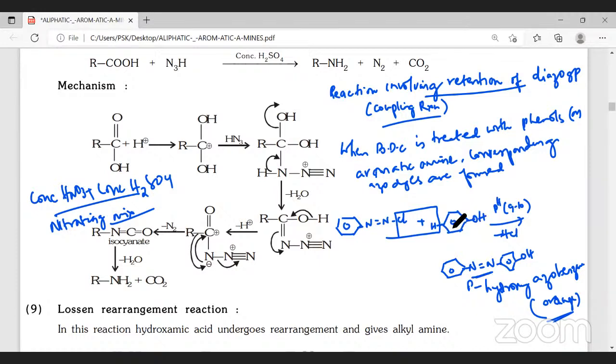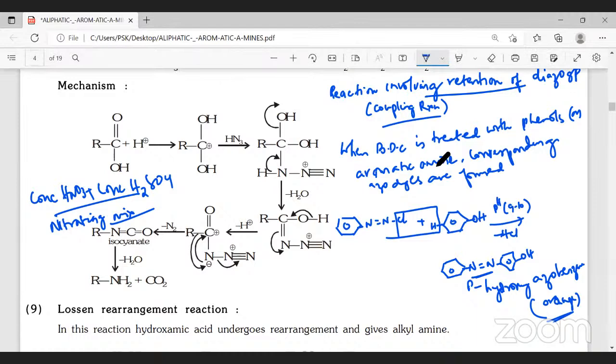Since phenol is acidic in nature, the pH is around 9 to 10. If we perform the same reaction in the presence of aniline, with NH2 here, this is benzene diazonium chloride and this is aniline. Aniline is a base, so the solution has to be maintained acidic. The pH should be between 4 to 5. HCl gets eliminated again, and in place of OH, I just replace it with NH2.